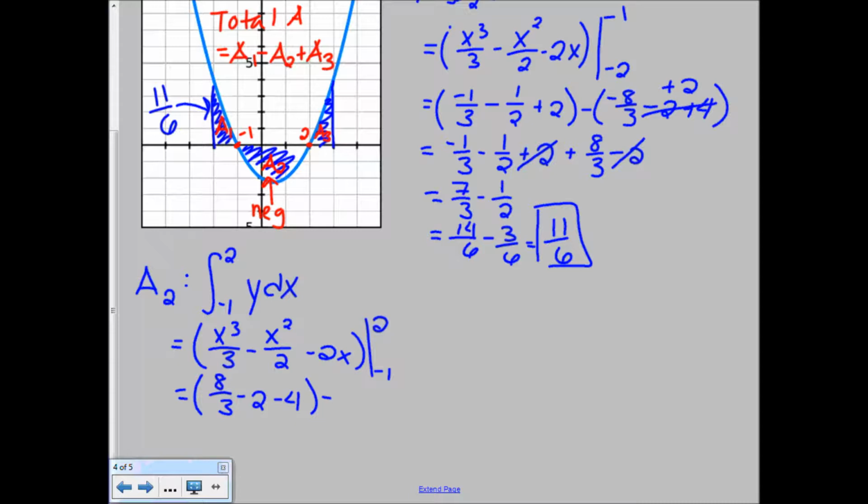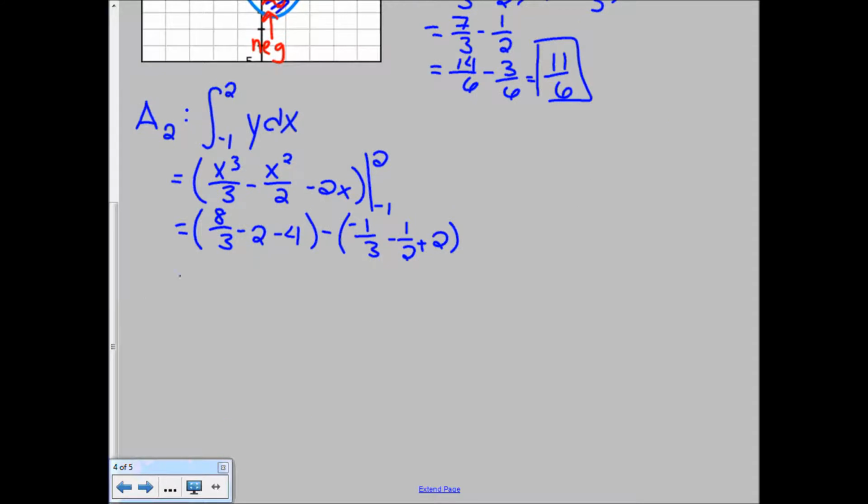Plugging in the 2. So then we're going to get minus, we plug in -1, we already know that we're going to get -1 cubed over 3 minus 1/2 plus 2 from the previous problem, which means we're going to get 8/3 minus 6 plus 1/3 plus 1/2 minus 2.